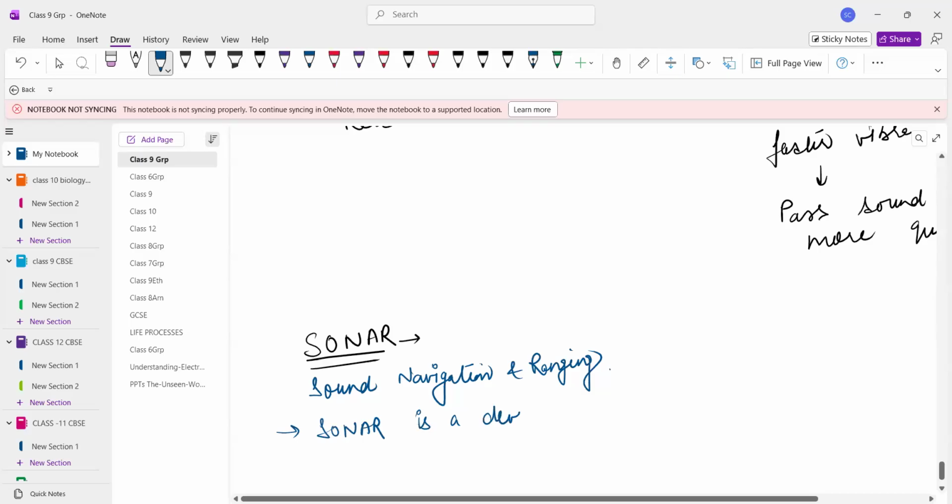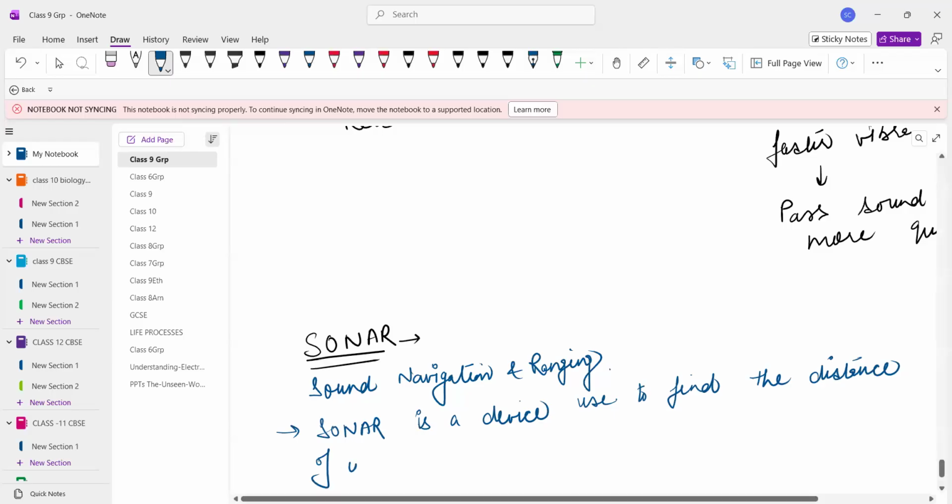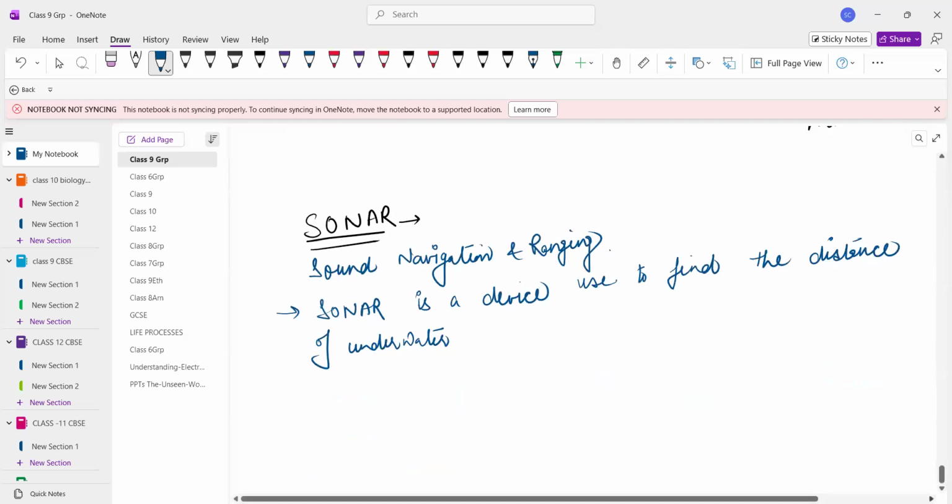So basically, it's a device which is used to find the distance and direction of underwater objects. It works on ultrasonic sound waves.